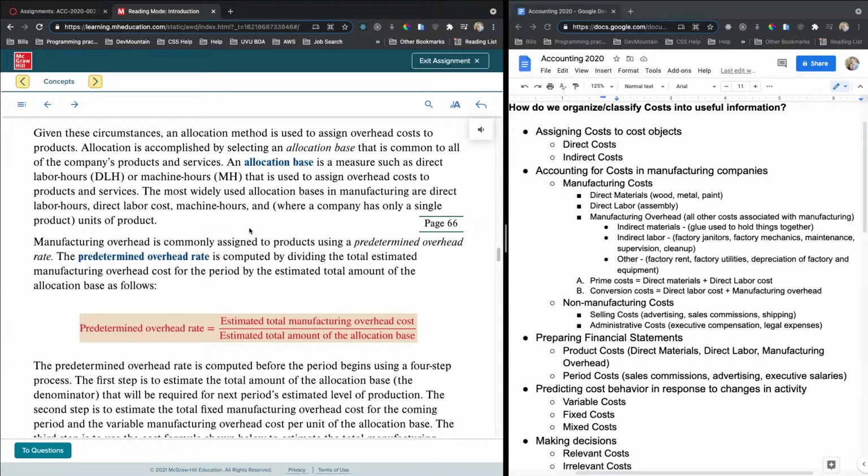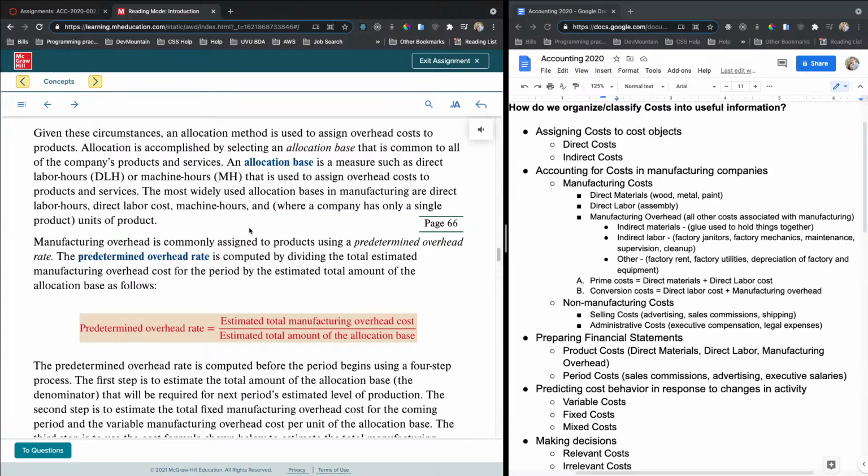This is pretty much the same thing, honestly, now that I'm thinking about it. So you're going to divide our total manufacturing overhead costs by that allocation base. So we have a variable thing divided by a constant thing.